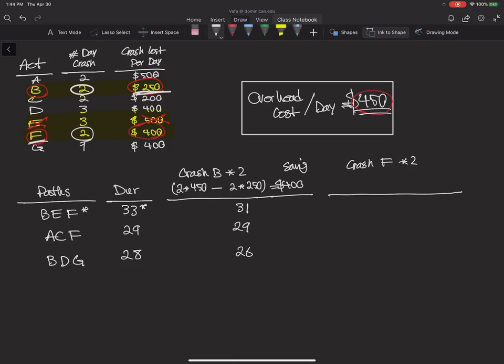So I pay $400 per day, but again, remember, I save $450 per day. So my total saving is going to be 900 minus 800, so I save $100 here.